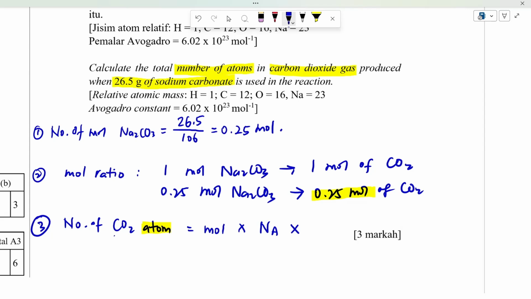Here 1 carbon, here 2 oxygen, so 1 plus 2 is 3. So times 3. So mole is 0.25, NA is 6.02 times 10 power 23, times 3. Use your calculator.